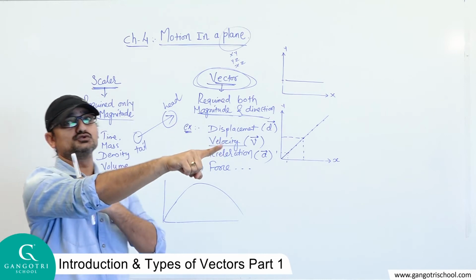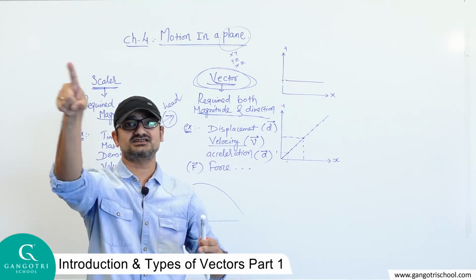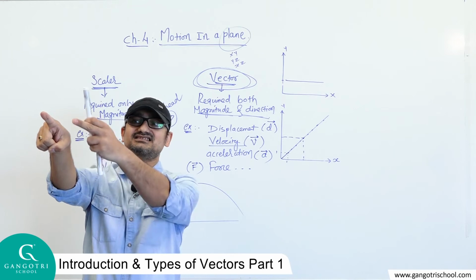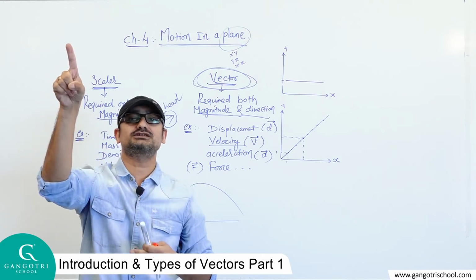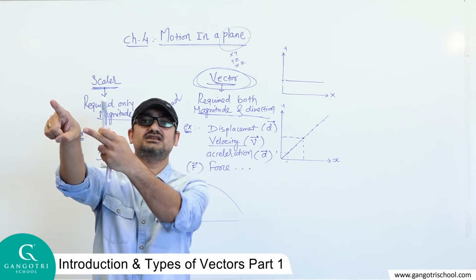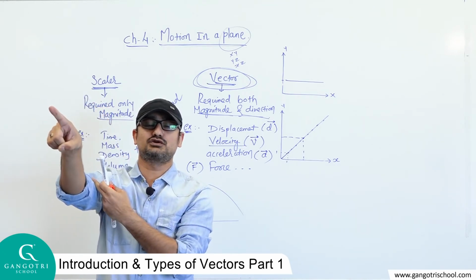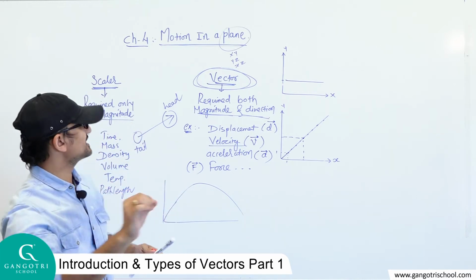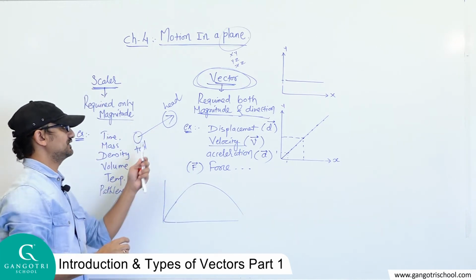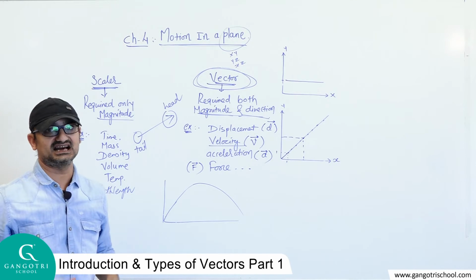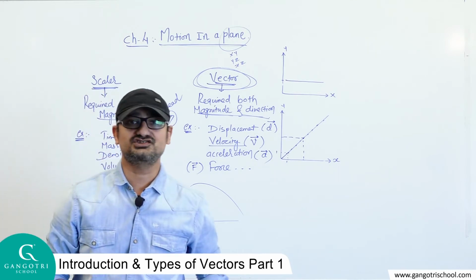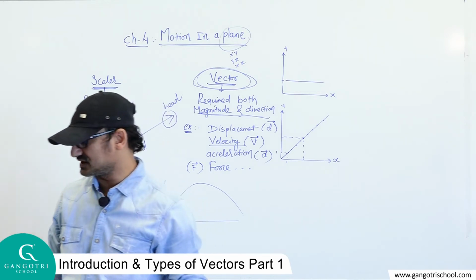In that case, this hand actually represents the position of that particle. We can consider it as a vector where this part is the head and this part is the tail. So this arrow actually represents the direction. Definitely we use this arrow in this entire chapter, so overall this chapter is related to vector physical quantities.